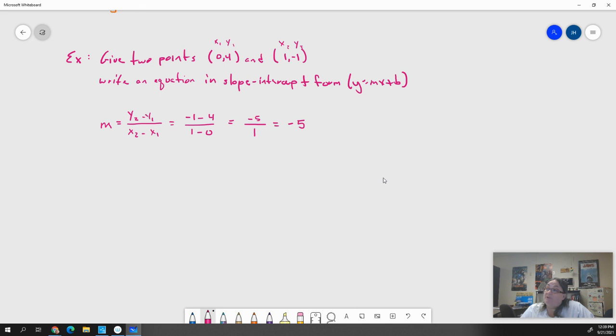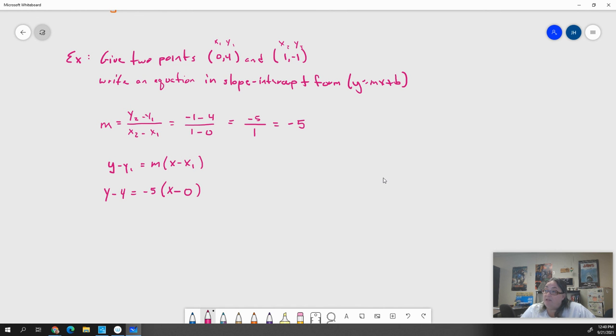So we're going to use our point slope formula, which is y minus y1 equals m times the quantity x minus x1. And we are going to use our 0, 4 point. So here I'm going to have y minus 4 equals our slope, which is negative 5, times the quantity x minus x1, while our x1 is just 0.